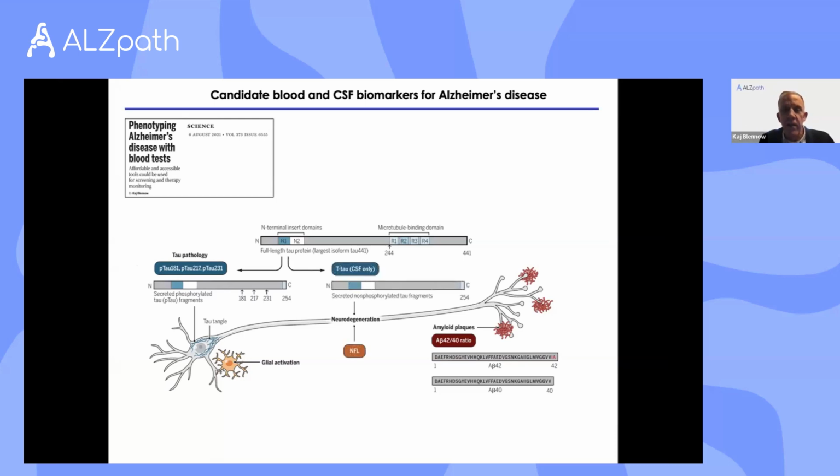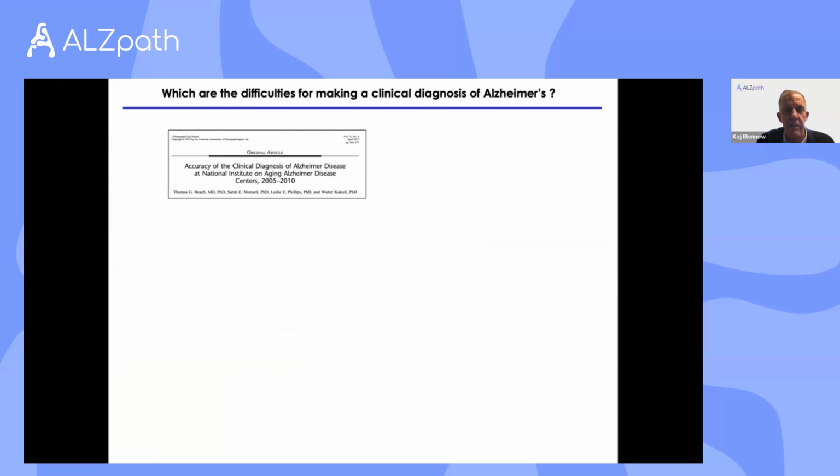Then we have total tau that only works in cerebrospinal fluid with a current assay. We have neurofilament light, which is more a marker for the long and myelinated axons, and we have GFAP, but I will focus a little bit on A beta and then on phosphorylated tau.